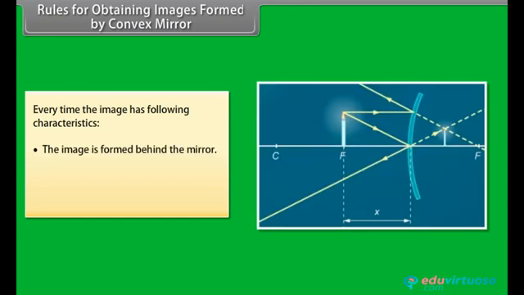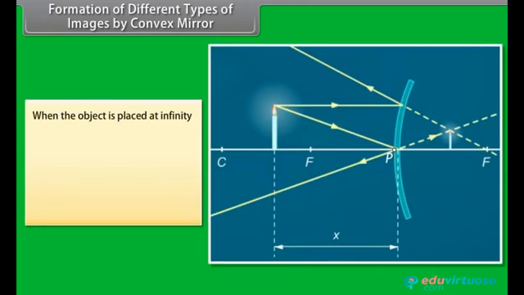Every time the image has the following characteristics. The image is formed behind the mirror. It is virtual and erect, smaller than the object. Formation of different types of images by convex mirror. When the object is at infinity, the image is formed behind the mirror.